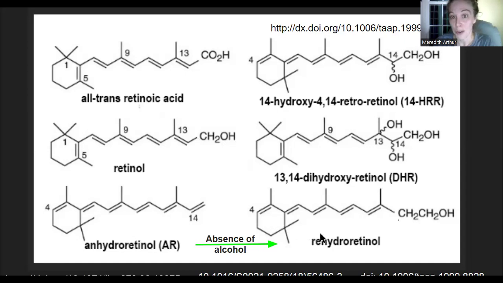Okay, so if we make rehydroretinol, if you look at retinol, look at the double bond formations. This is the beta-ionone ring, and there's a double bond here, and then there's also a double bond right next to the beta-ionone ring. But when you make rehydroretinol, the double bonds have moved.